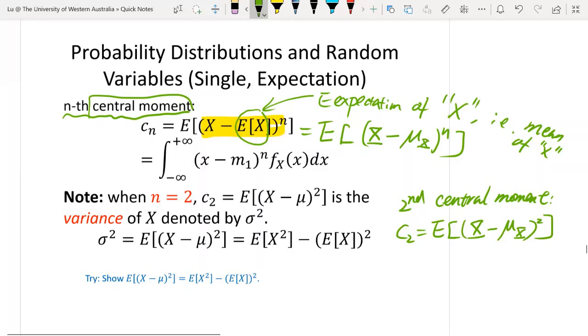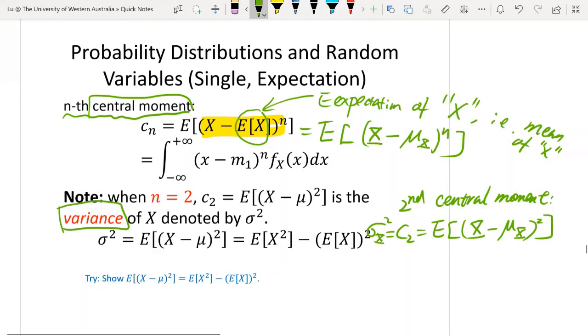This special case is also called variance. In other words, when the order number is 2, the second order central moment is called the variance of the random variable. Okay, and we have a special notation for that. Normally, it's just sigma_x squared for this one.